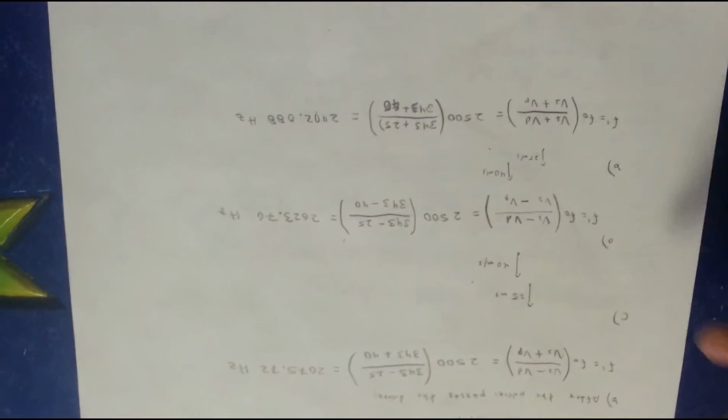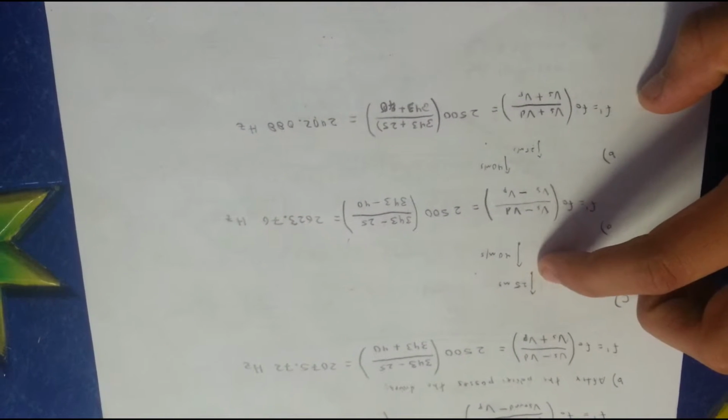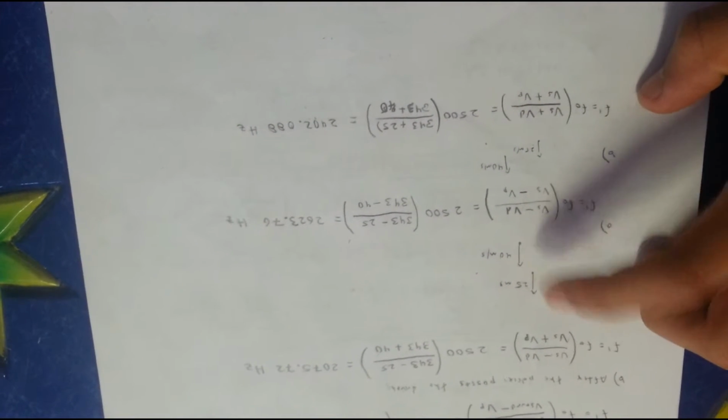2055.72 Hz. For case C, it says that the police is approaching the driver in the same direction, that is northbound.